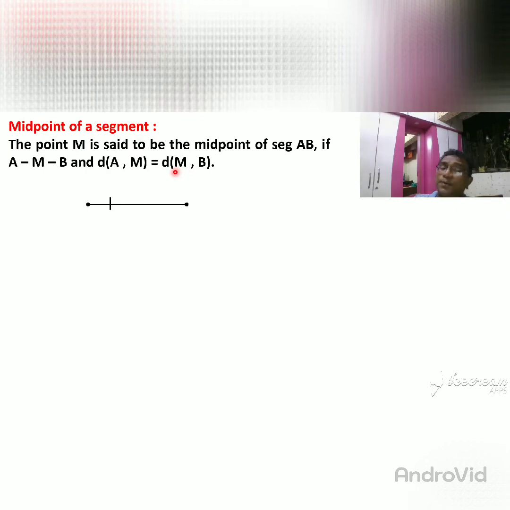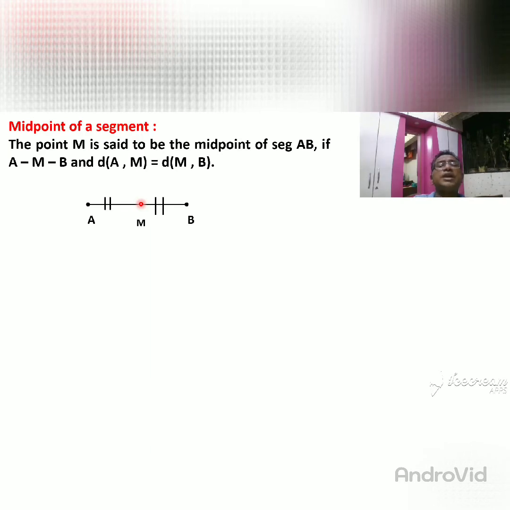If the distances are equal, then that is the midpoint. So we can say M is the midpoint. See here, here is the segment, point A, here is point B, and this is M.